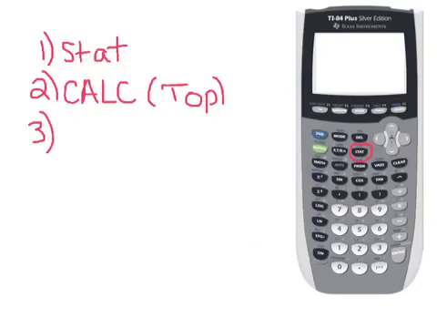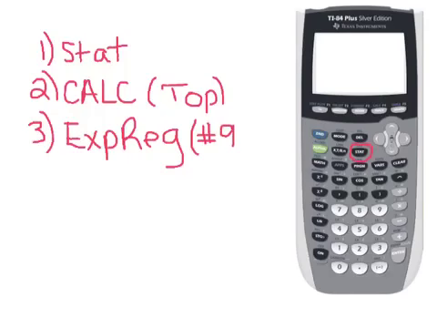We want to choose exponential regression, which I think is at the very bottom of that menu. You have to scroll down quite a ways. It is number 0 on that menu.